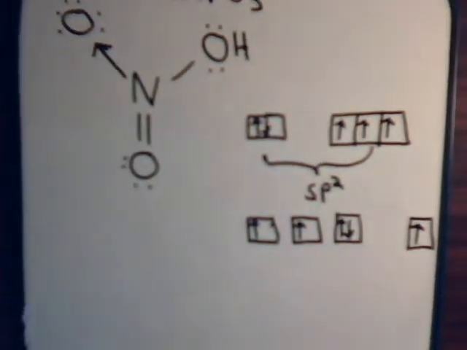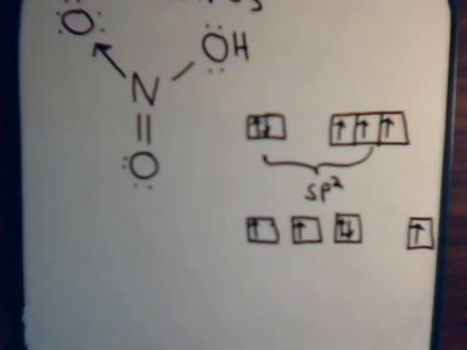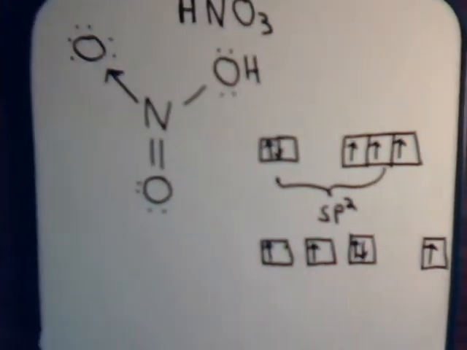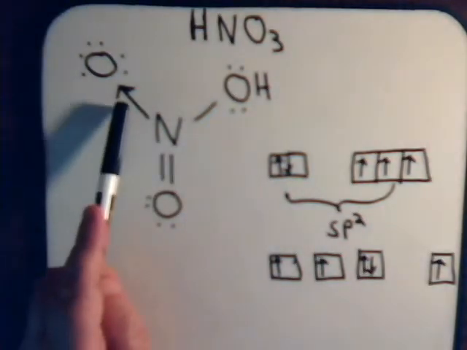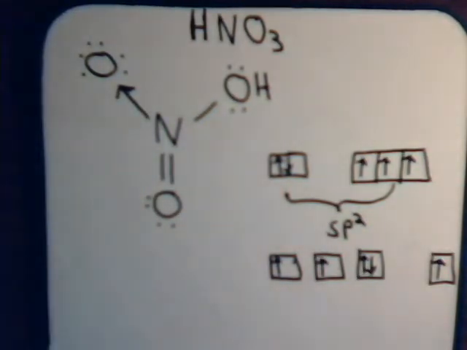So remember, oxygen does have a single p electron available to form this double bond. But here, this bond has an arrow on it indicating a coordinate bond. Let's just see how that happens.